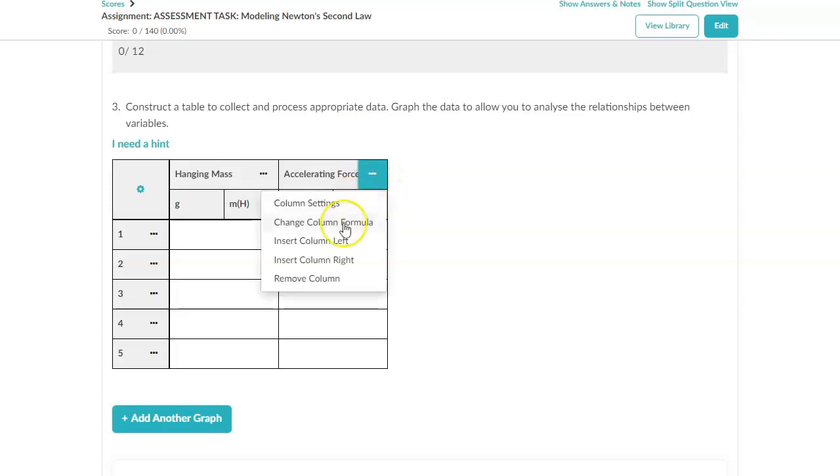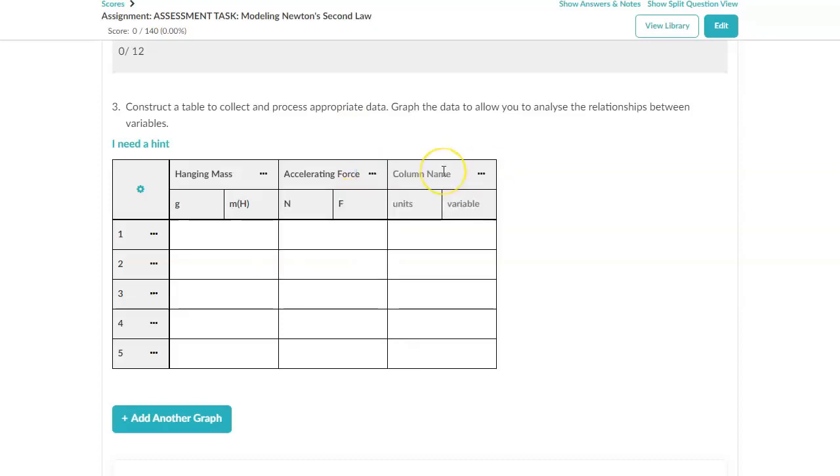Okay, so we need to add another column. And here, because what we were doing is measuring distance and time, we'll call it displacement, and it's actually the horizontal displacement of the glider. We measure in centimetres, but that needs to be converted to metres, and the symbol for displacement is s. We have another column.